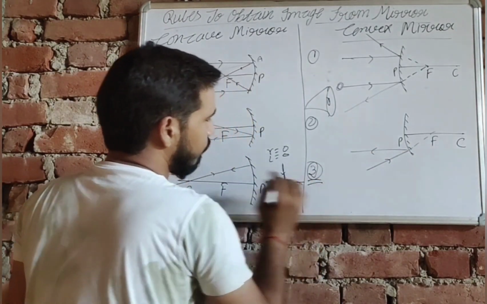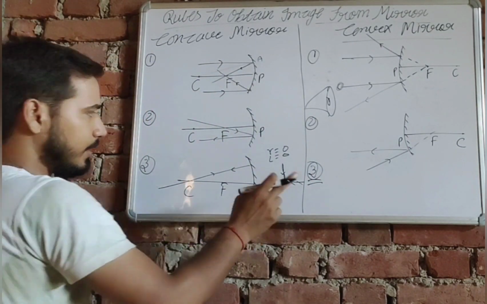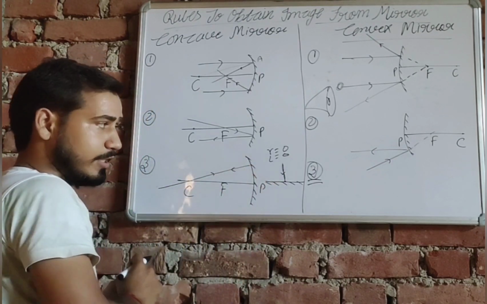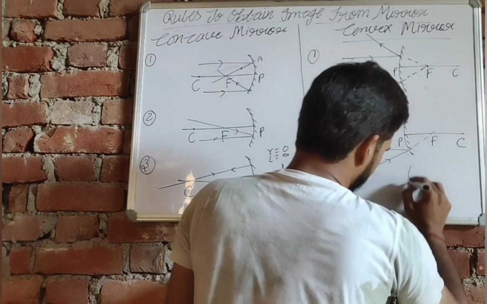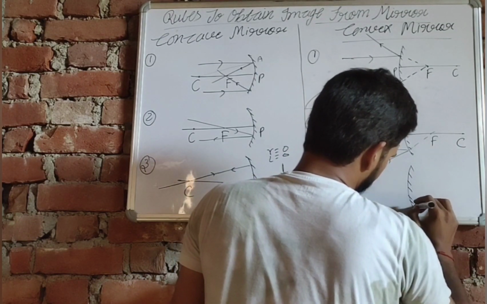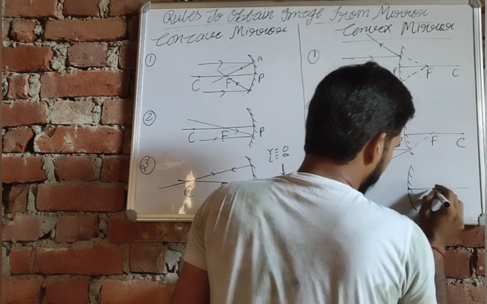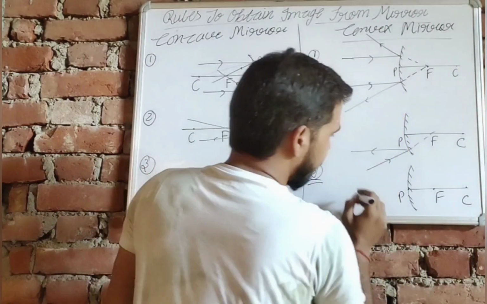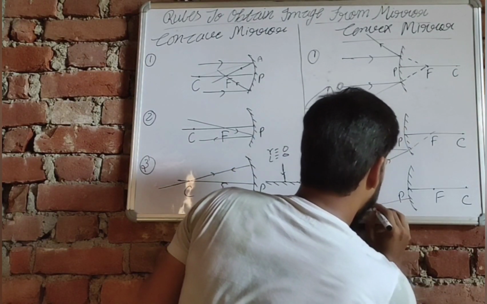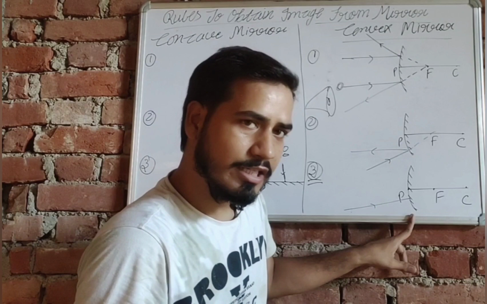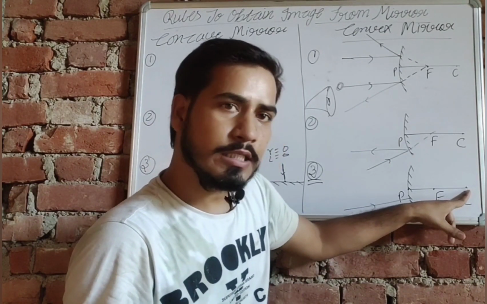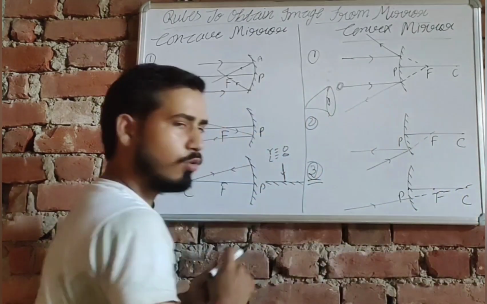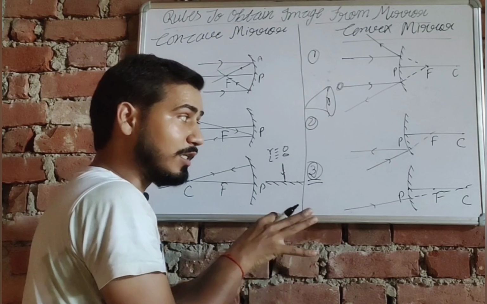Now the third and last rule. As you said in case of a concave mirror, a ray passing through C after reflection retraces its path. Here you will see a ray falling on the convex mirror seeming to pass through C. Means if you extend the path of the light, then you will get that this ray will pass through C. This is a virtual condition.